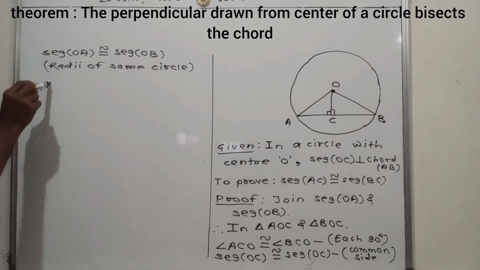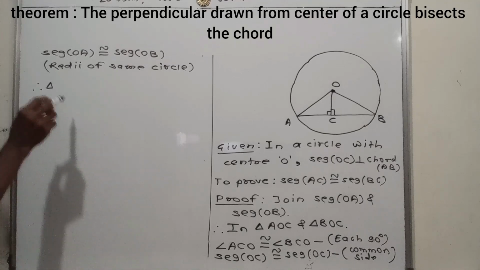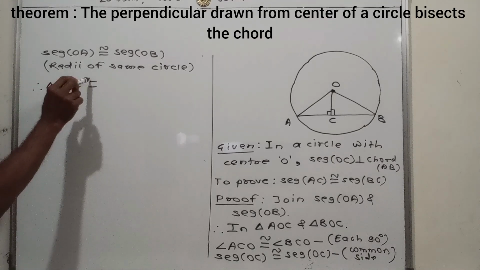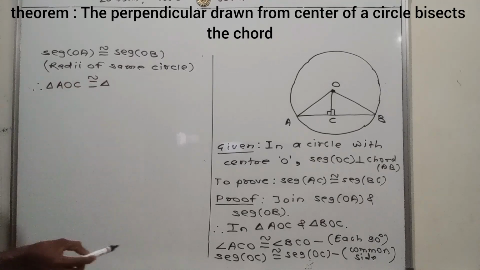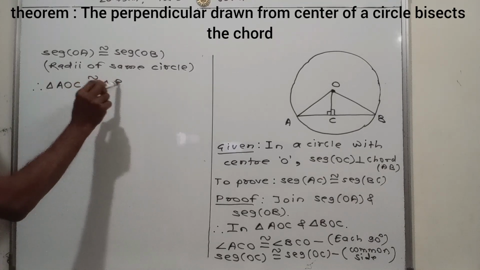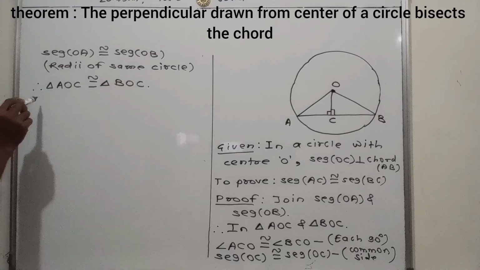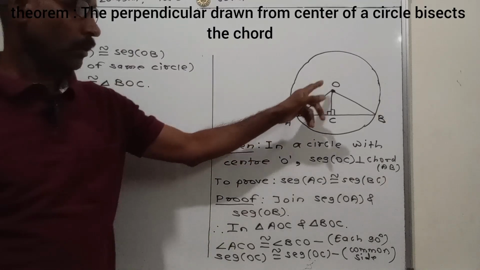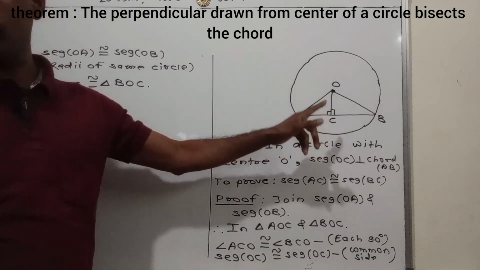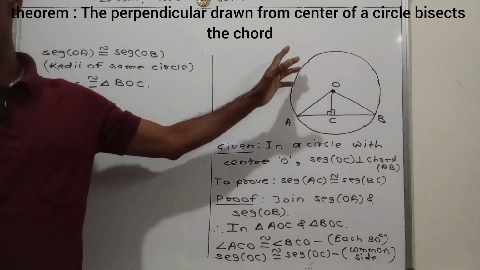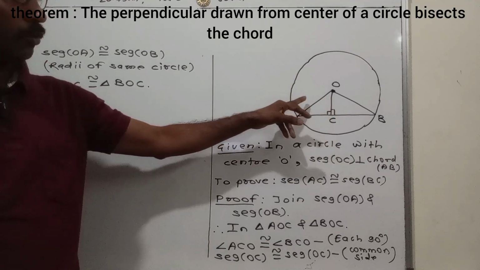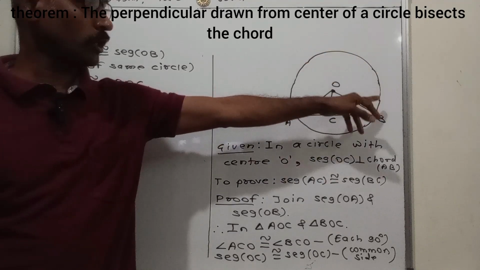Therefore, triangle AOC congruent to triangle BOC by, see here, OC congruent to segment OC, then OA congruent to OB.